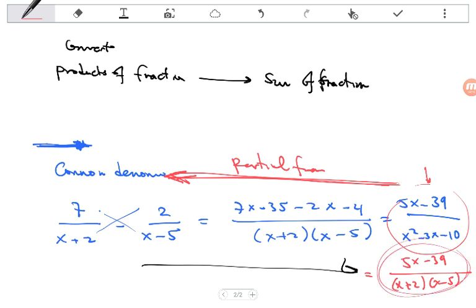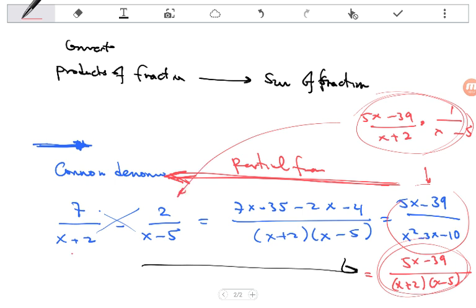So I can deal with this as a product of fractions, like 5x minus 39 over x plus 2 multiplied by 1 over x minus 5. These are two multiplied fractions. Okay? This multiplication or this product, I want to convert it to be a sum of simple fractions. How would I get this expression?